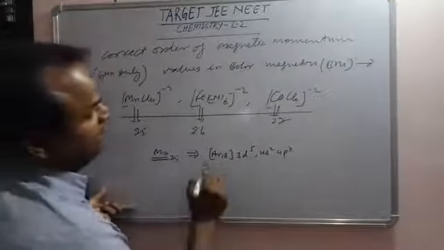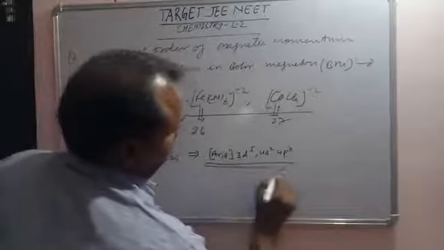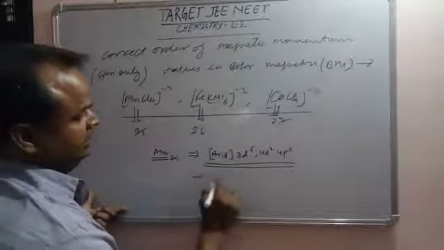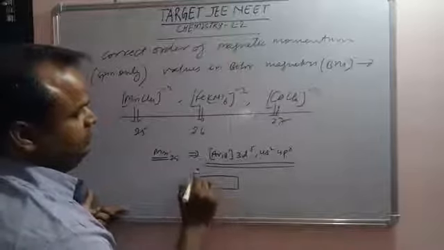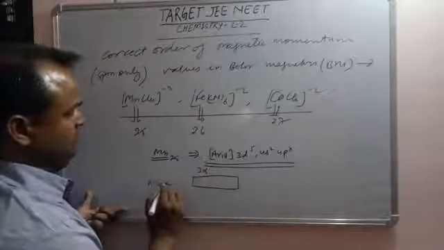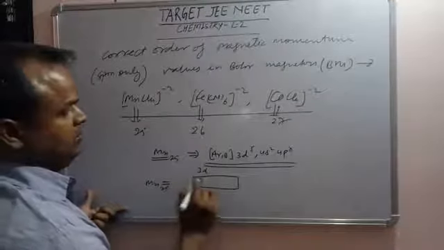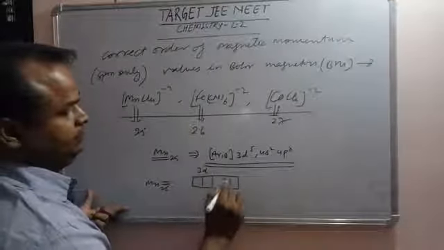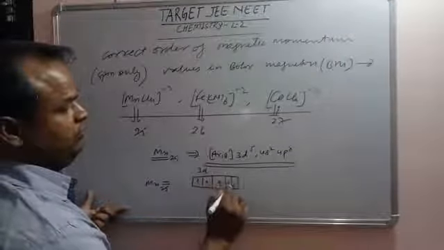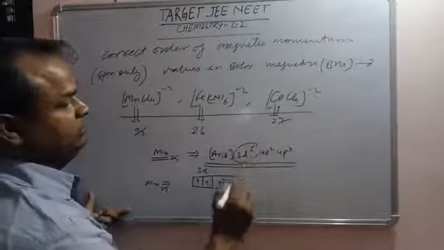Now if we write its orbitals to distribute the electrons, this becomes like this: 3d 1, 2, 3, 4, 5. There are a total of 5 electrons.